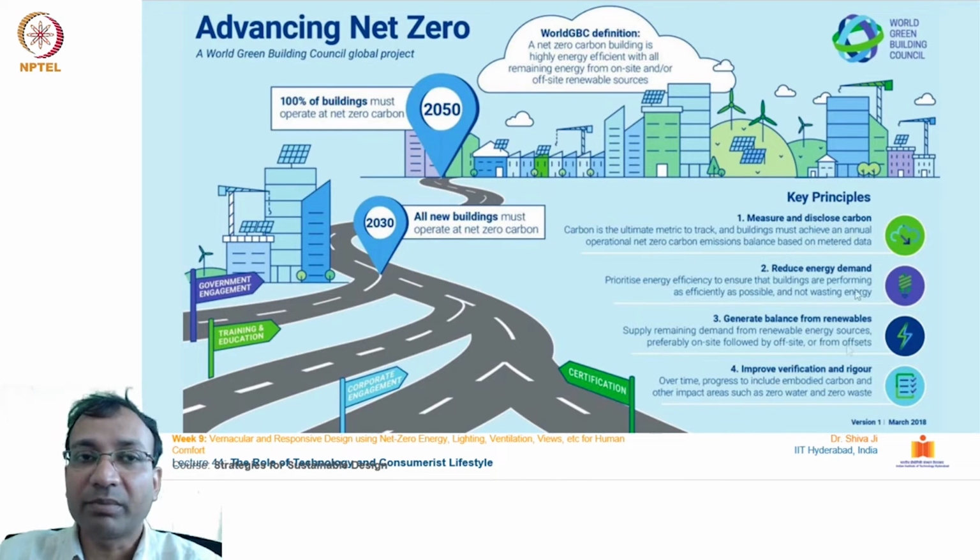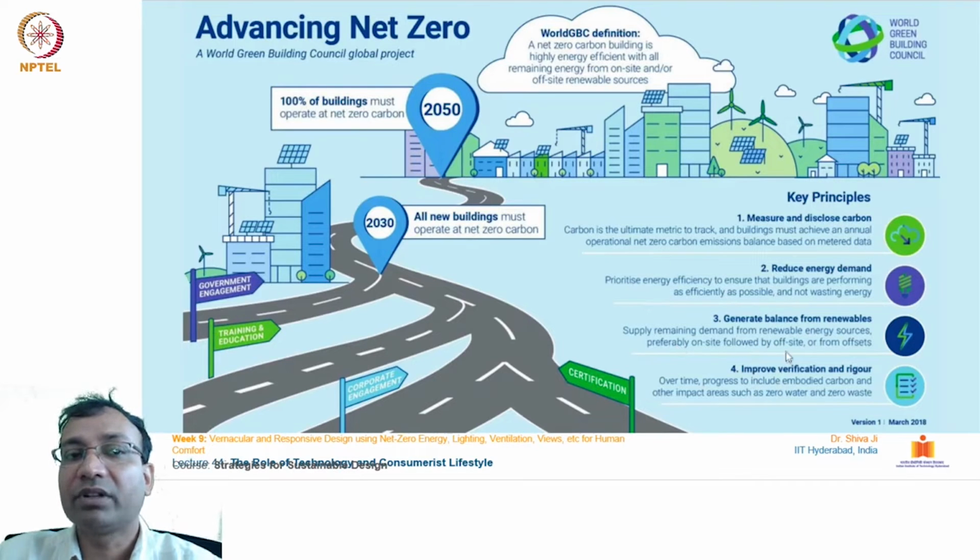And the key principles derived from here: first, measure and disclose carbon. The carbon is the ultimate metric to track, and buildings must achieve an annual operational net zero carbon emission balance based on the meter data. Second, reduce energy demand. Prioritize energy efficiency to ensure that buildings are performing as efficiently as possible and not wasting energy. Thirdly, generate balance from renewables.